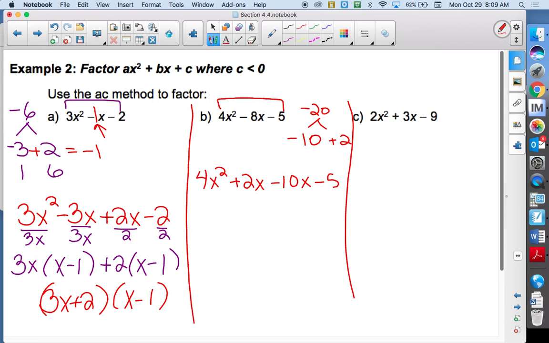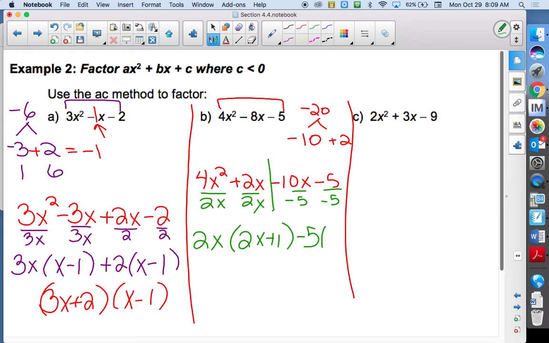So Abby, if I have it set up like this, what would 4x squared and 2x have in common? 2x. And if we take a 2x out, 2x plus 1. Yeah, we have 2x plus 1. And then the second pair has a -5. It's negative, so that means what we take out is negative.